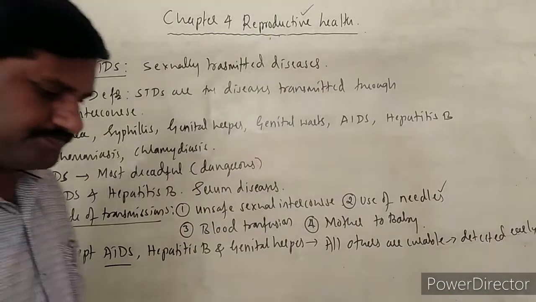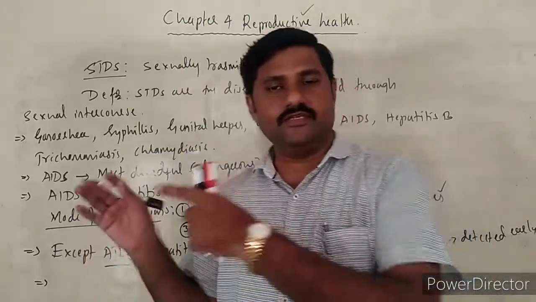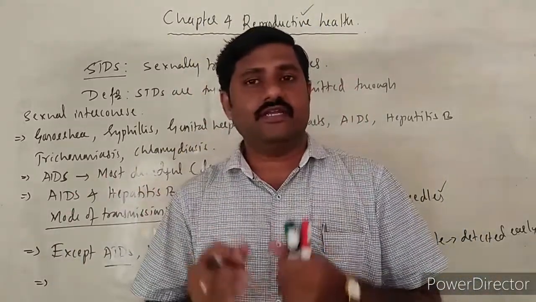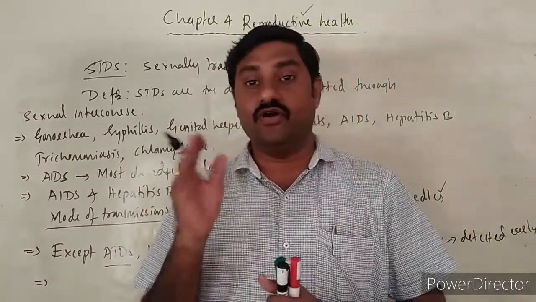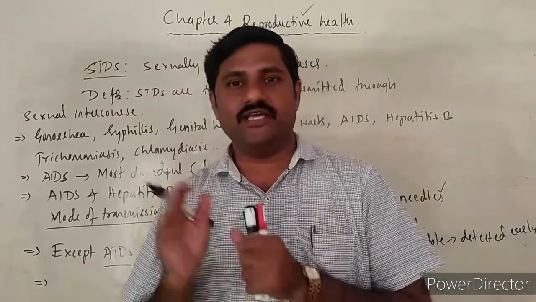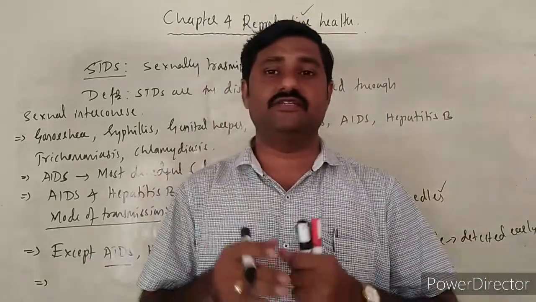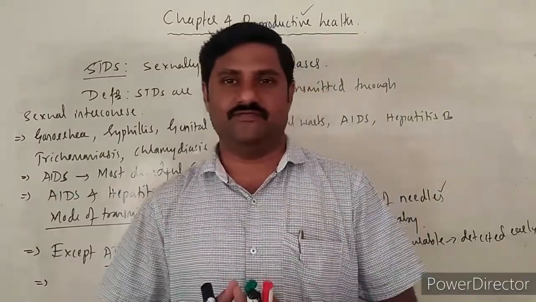Next, in case of females, even though these diseases are there, their symptoms are not easily exhibited for a longer period. That's why a woman, if she has multiple sex partners, can spread this disease to all others, right?